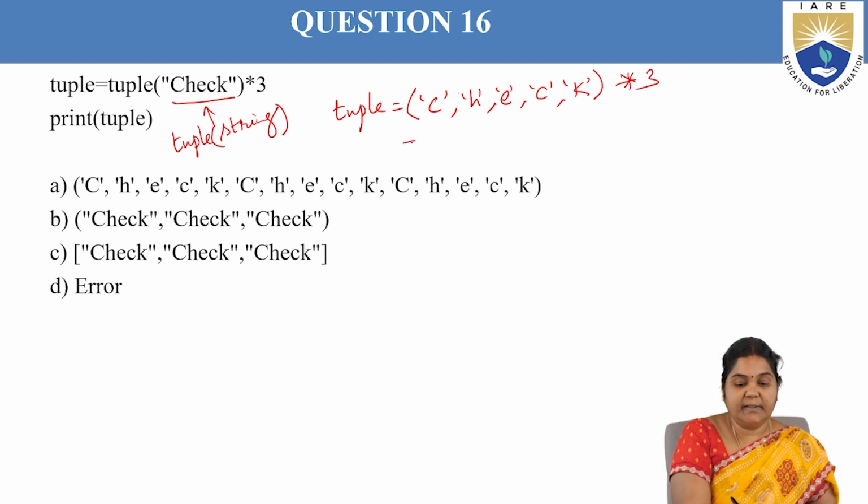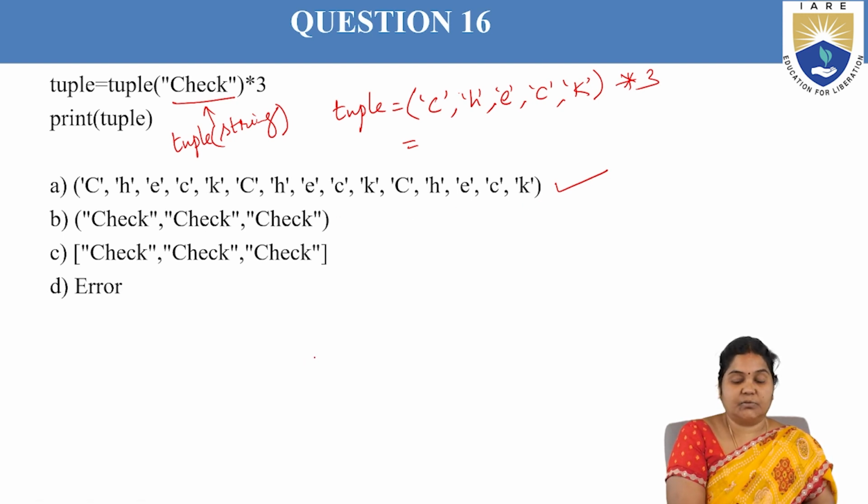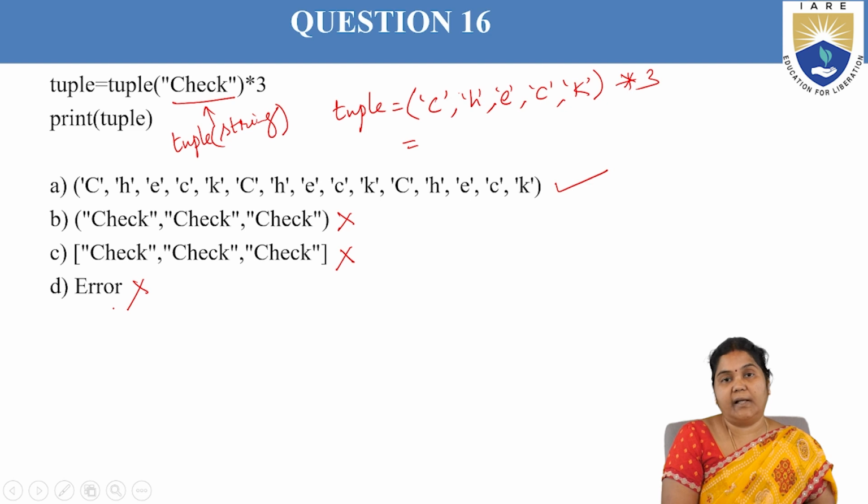If you multiply 3 times, then the characters C, H, E, C, K will be repeated thrice like this. So the answer will be the first one: C, H, E, C, K, C, H, E, C, K, C, H, E, C, K. Do not confuse: this is not the correct answer, this is not the correct answer, and also you won't find any error.